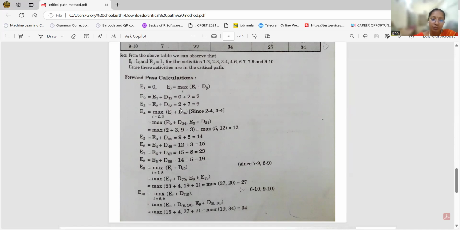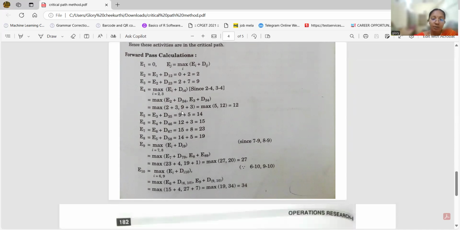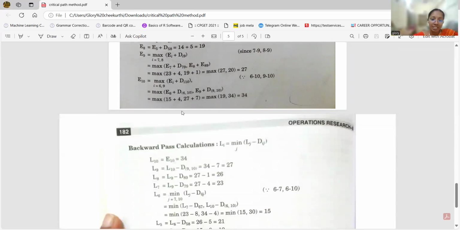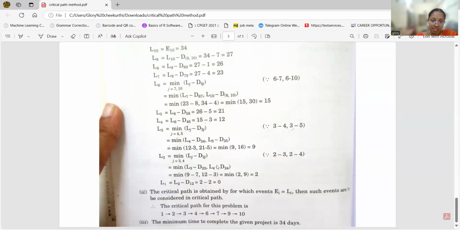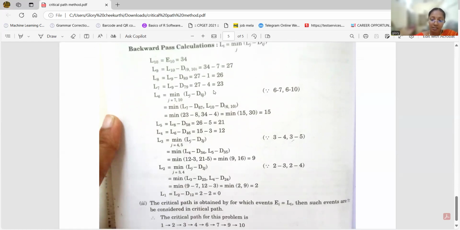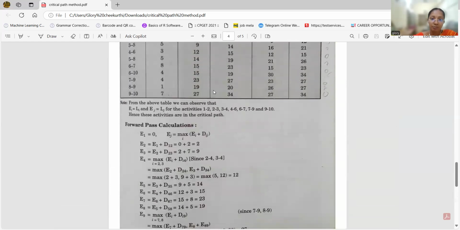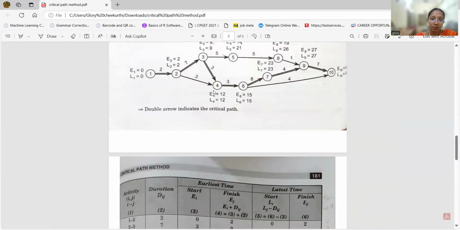So E2 equal to 2, E3 equal to 3. That's why we complete the network diagram. This is the backward pass calculation. In this backward pass calculation, we have the combination of two values, we have to take a minimum value. These are the backward pass calculation formulas. Next, we find the critical path 1, 2, 3. That is derived from this diagram only.